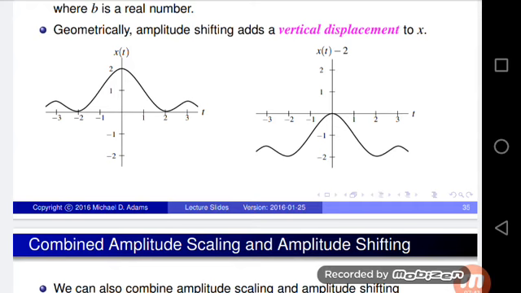Let us see the example diagrams. x of t indicates the signal is in the positive side only. That means the signal will propagate only in the positive way. But when we change the sign of the signal, then the signal will propagate on the negative side.